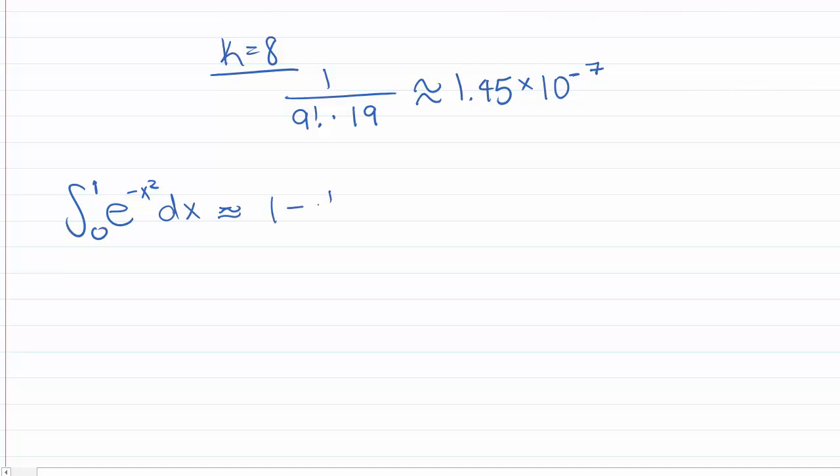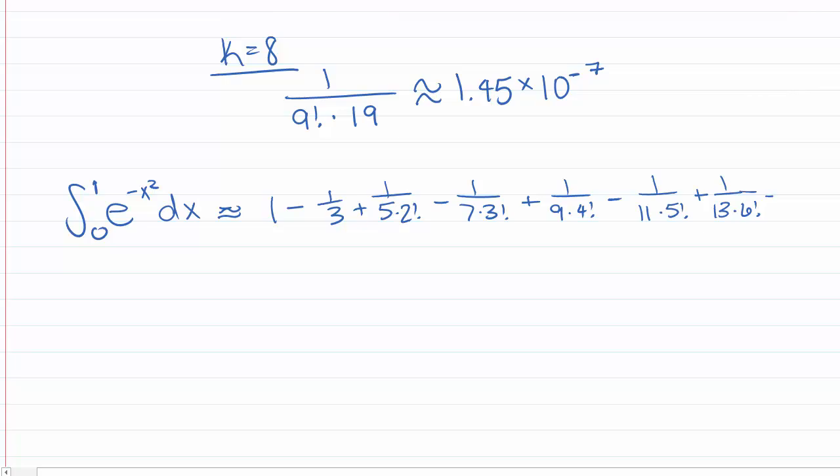So that would be 1 minus a third plus 1 over 5 times 2 factorial minus 1 over 7 times 3 factorial plus 1 over 9 times 4 factorial minus 1 over 11 times 5 factorial plus 1 over 13 times 6 factorial minus, let's see if we can squeeze this in here, 1 over 15 times 7 factorial plus 1 over 17 times 8 factorial.